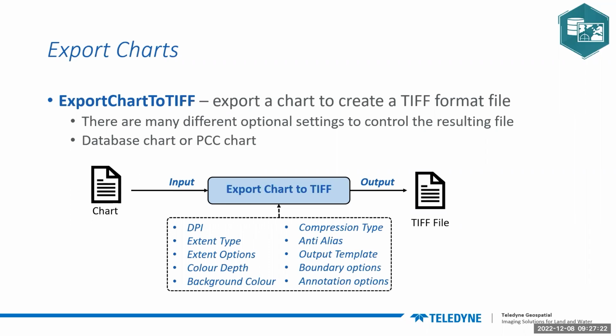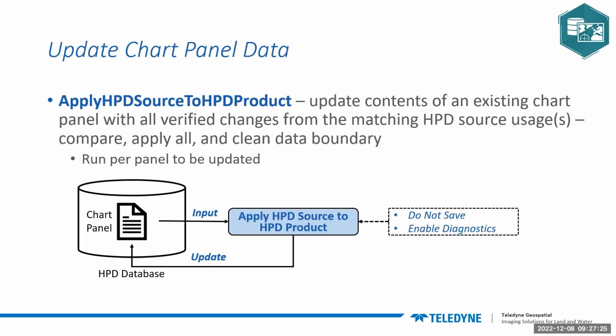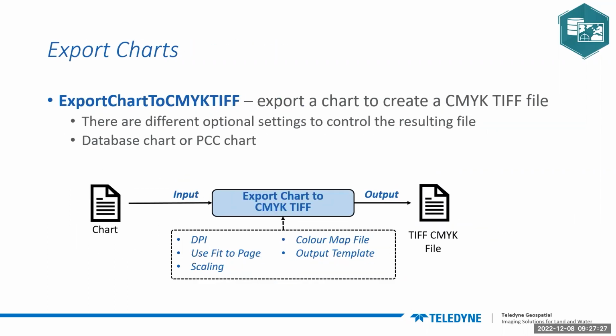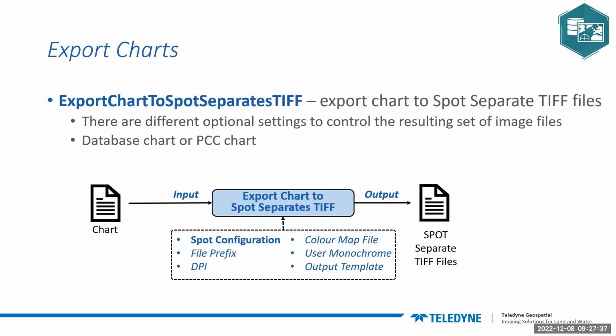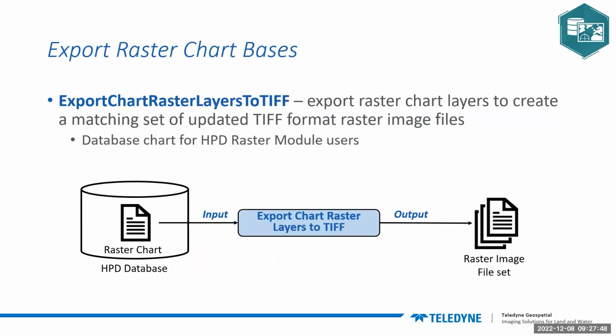So again, this isn't limited to just HPD. These are paper chart composers as well. So even if you're using paper chart composer, you can begin to automate some of these file exports. We've also got that export chart to CMYK TIFF. We've also got the spot separates. So again, all of the user configuration within the editors is available in these processes, and also the ability to export raster bases.